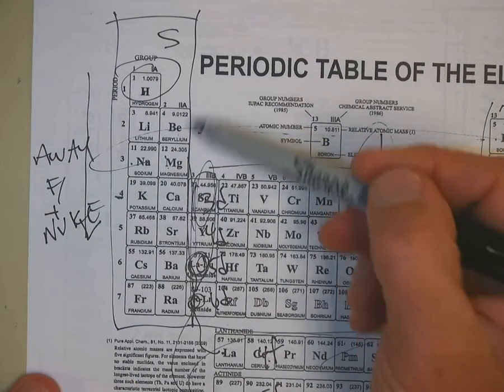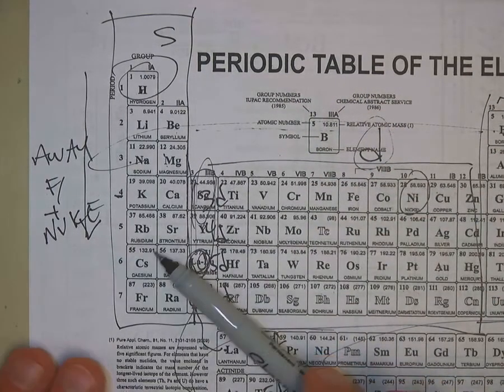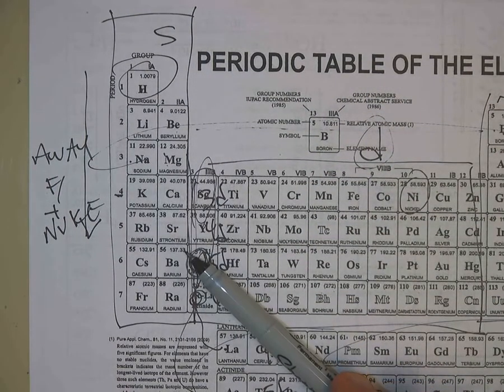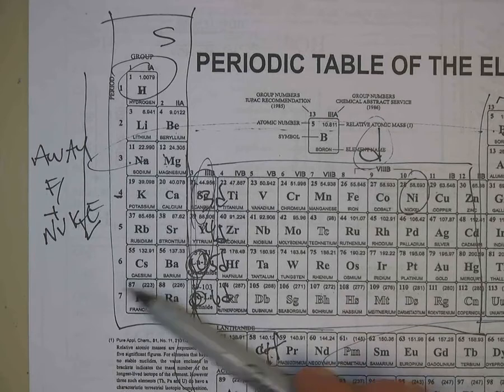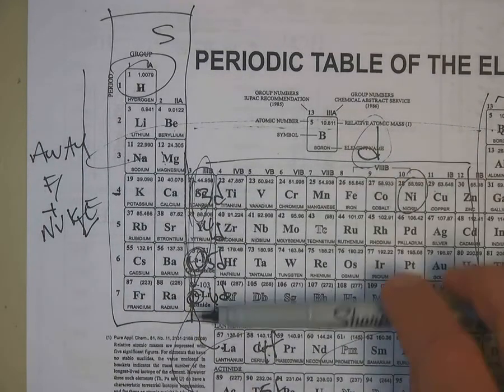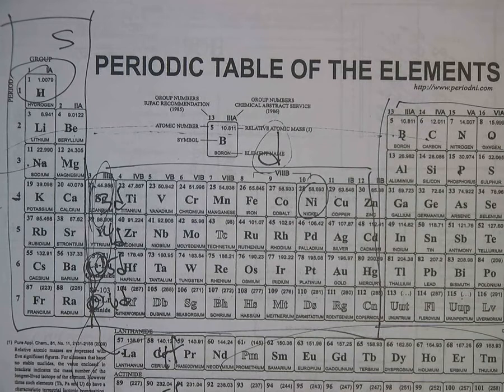The further down on the periodic table we move, the further the electrons are from the nucleus, and therefore the more energy it takes to keep them around inside of the atom, and the less attraction there is from the nucleus, and therefore the more reactive these elements down here on the periodic table are.